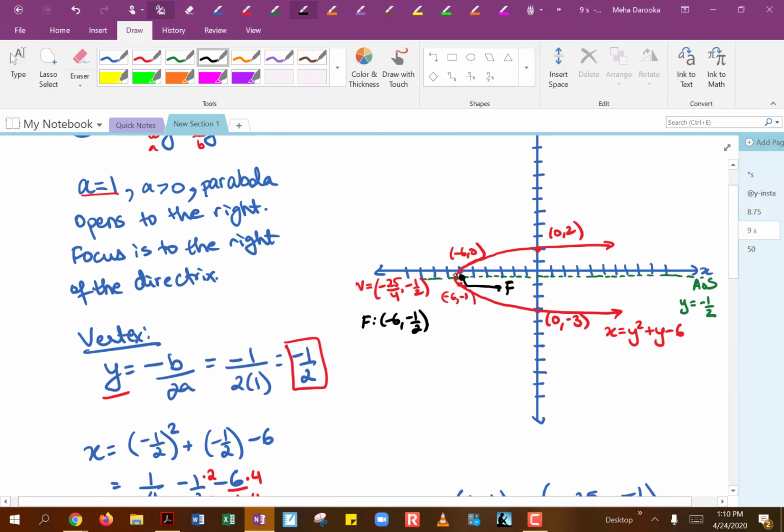So that's going to be, I'm probably not going to be able to do it because these numbers are so close to each other, but this is going to be a vertical line. Okay, so this is going to be our directrix, and the directrix is at x equals -13/2.